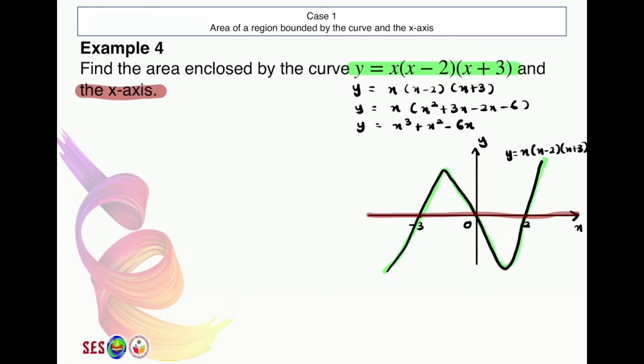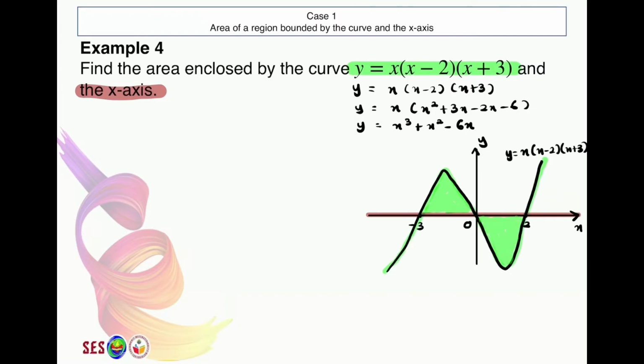Now you can actually see the area enclosed by the curve and also by the x-axis. So where is the area enclosed? This is the area enclosed, the one that I'm shading right now. And the next area will be this part right here. So we've got two areas.